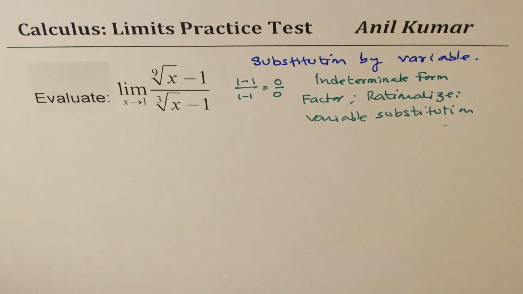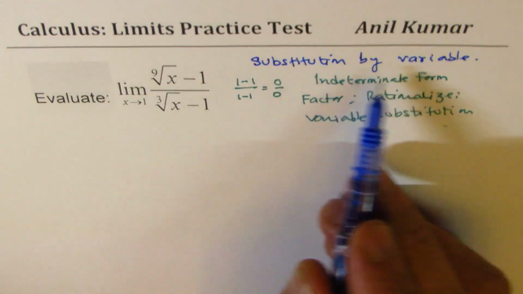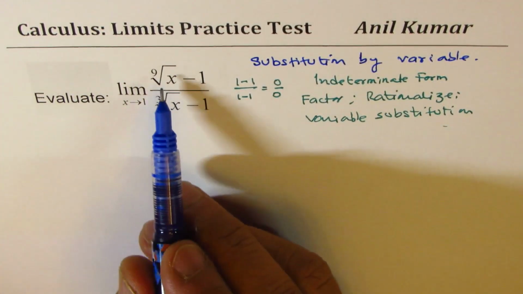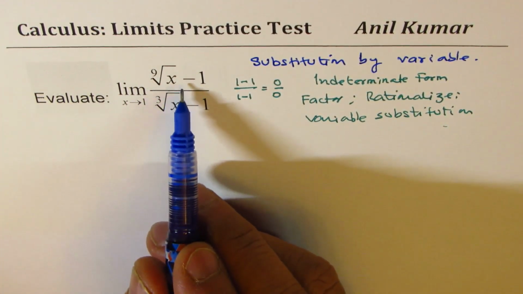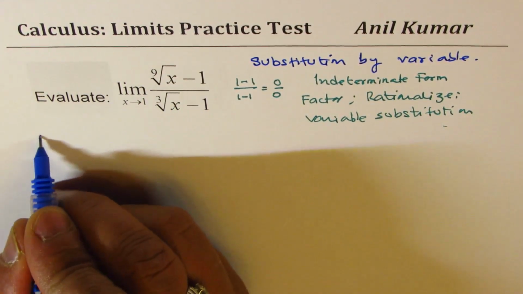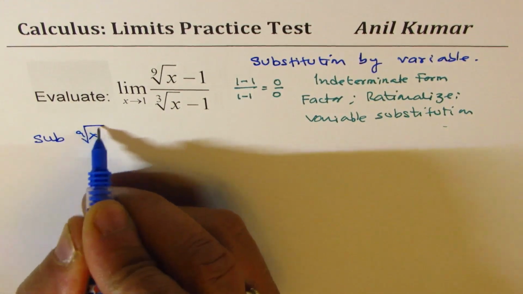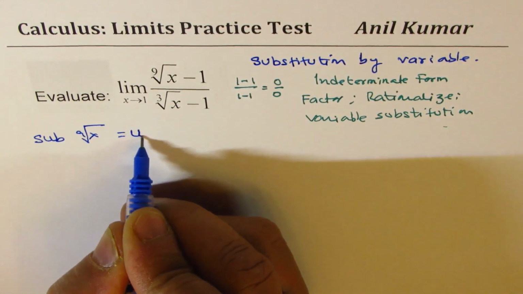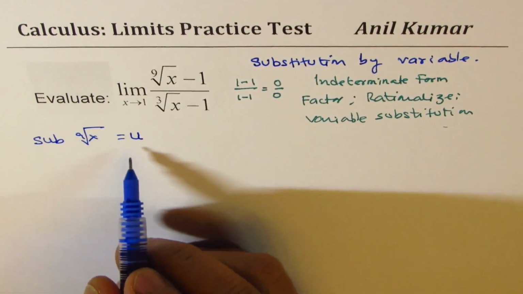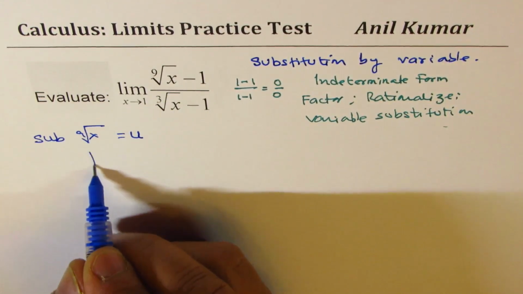Okay. Now, let me take up variable substitution here. Now, ninth root of x could be substituted as, let's say, variable u. Okay. Then, what is cube root of x?